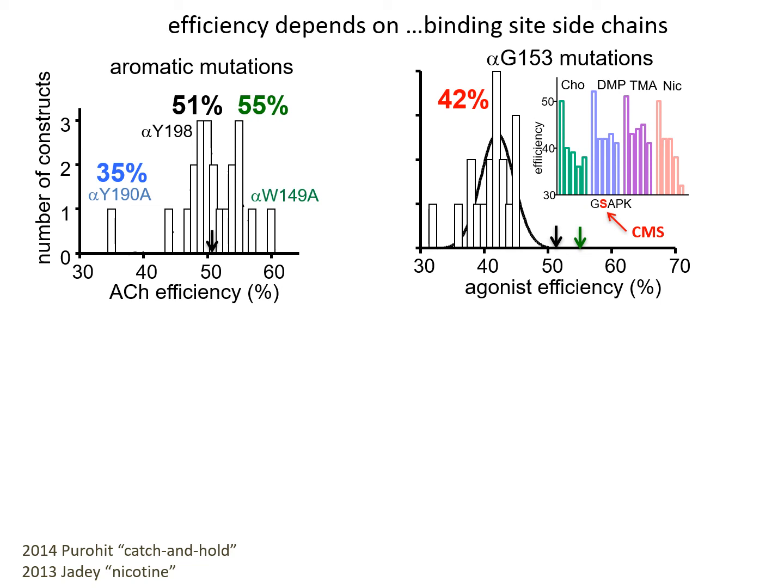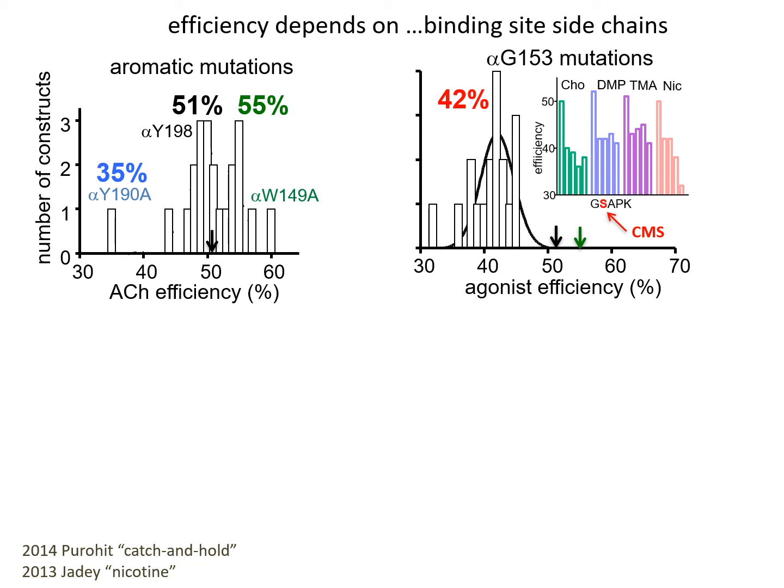So we know these numbers. These numbers are familiar: 55%, 51%, 42%, 35%. We have seen these numbers in wild-type receptors: 55% for TMA-type ligands, 51% for ACH-type ligands, 42% for epibatidine-type ligands, and 35% for varenicline on wild-type binding sites.